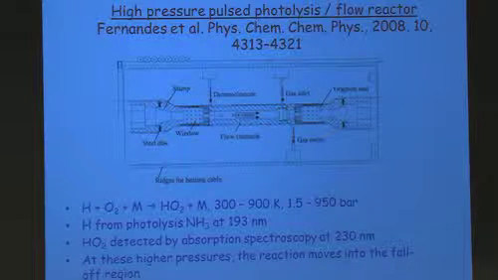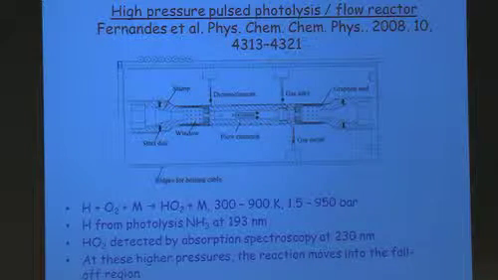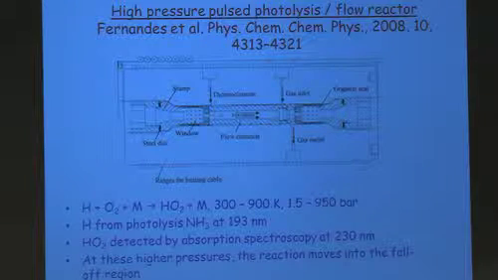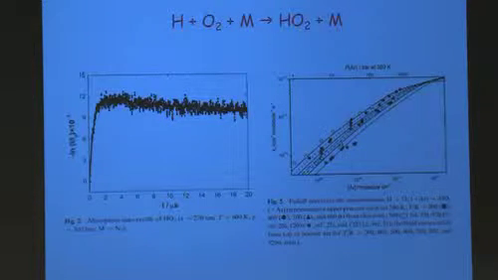And at these higher pressures, the reaction moves further into the fall-off region. And so here's a profile of HO2 formation. So they get the rate coefficient from the appearance of the HO2 there.